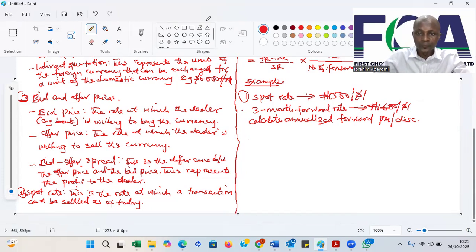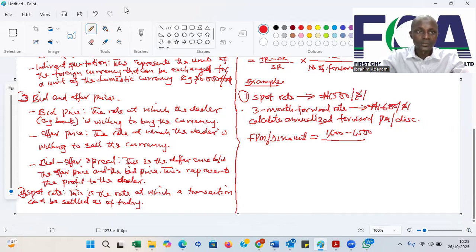So let's see. Forward premium or discount is equal to, let's use the formula, forward rate minus spot rate. Our forward rate is 1,600. What's the spot rate? 1,500.